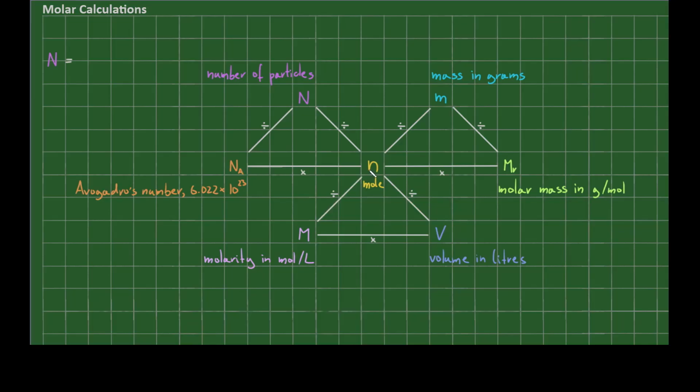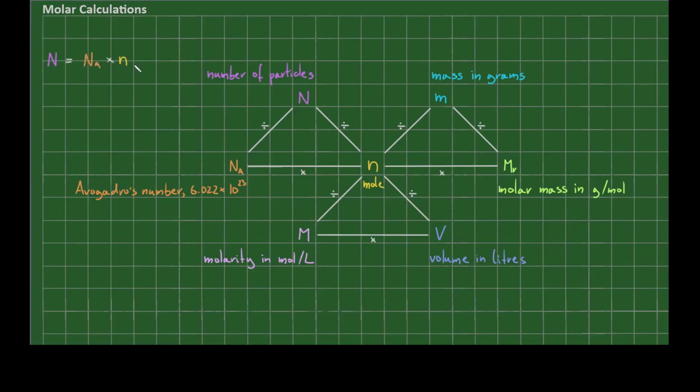Because I am after the number of particles, I need to know the relationship between Avogadro's number and number of moles. According to this triangle, Avogadro's number and the number of moles are in the same line, which means I should multiply them. And so my formula will be capital N equals N_A multiplied by n.